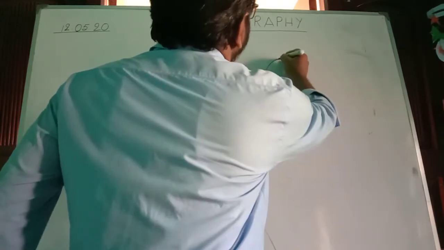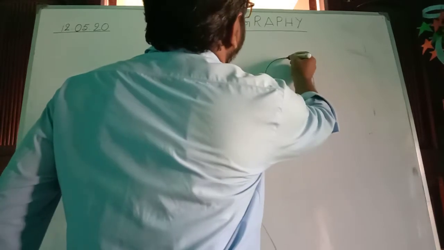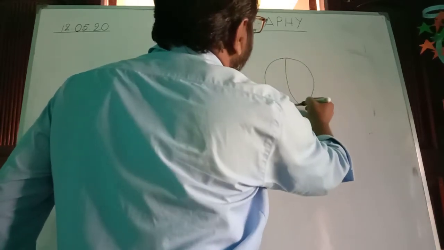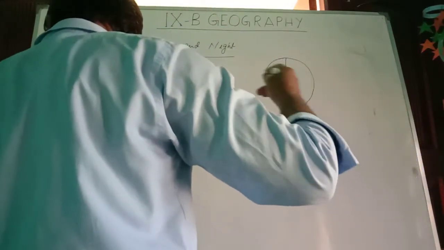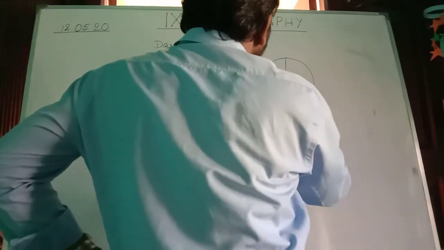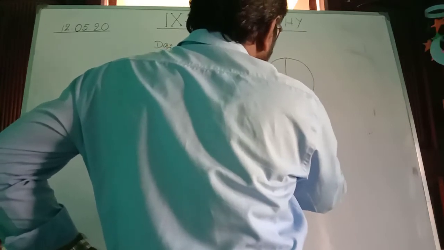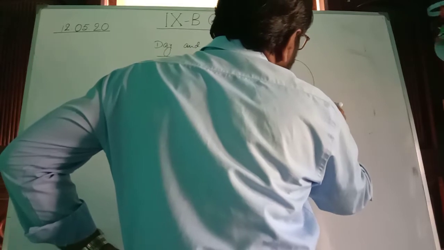So this lighted part and darkened part are separated by a line. This is called the circle of illumination.